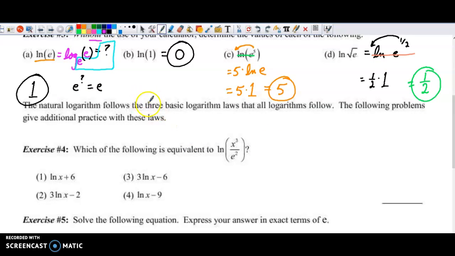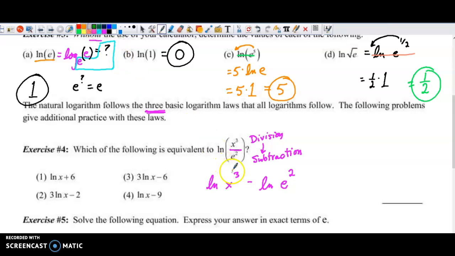All the laws of logs, the 3 basic log laws that we had before, still follow. And we're going to practice them. So recall for a second that when we divided, we could split them up using subtraction. So division, subtraction. So it becomes natural log of x cubed minus natural log of e squared.